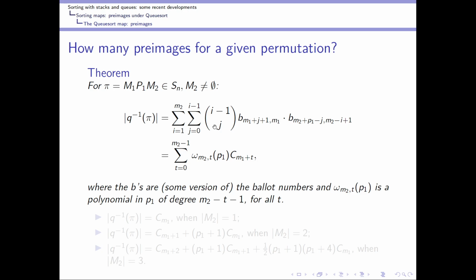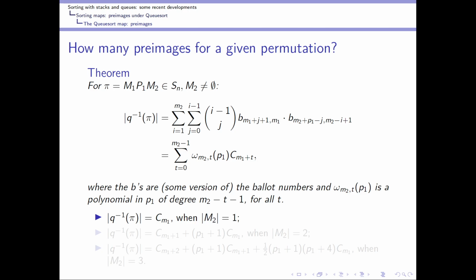We can somehow simplify this expression by introducing Catalan numbers, which are sums of ballot numbers, and if you do this, we get this equivalent expression which has just one summation, and which is essentially a linear combination of Catalan numbers whose coefficients are polynomials in P1, where this P1 is the number of elements in this big P1 here.